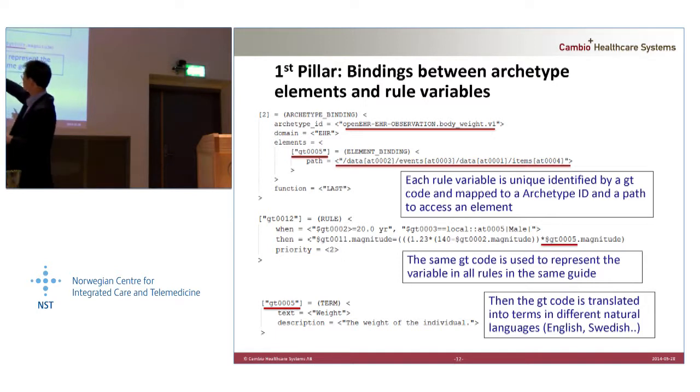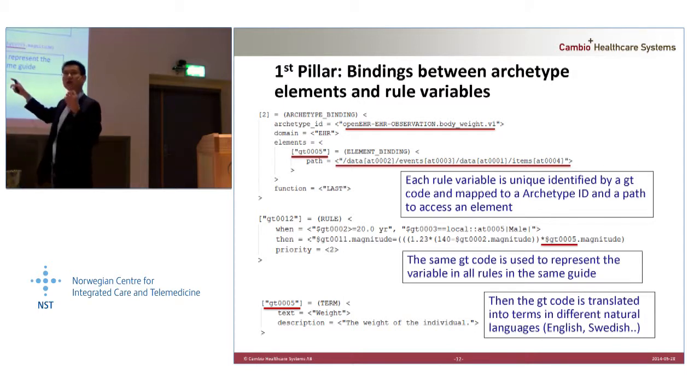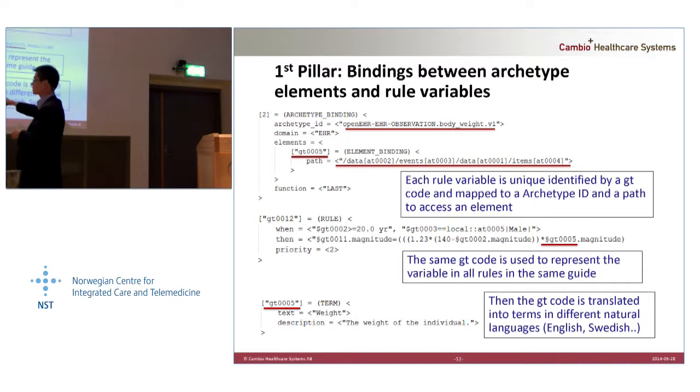So in that expression, in the rule language, we can use the GT code. It's a code that is neutral to language as a replacement of the ID and the path. And that's the thing we know about weight number measurement in the weight archetype. And we use that strictly in expressions, and we can add translations to that as we go.